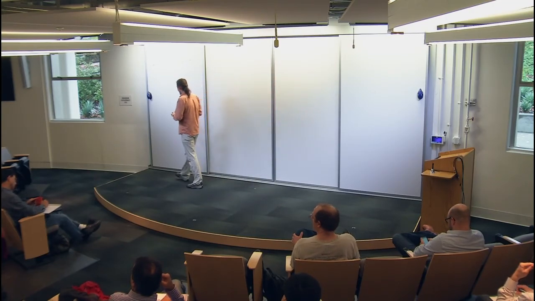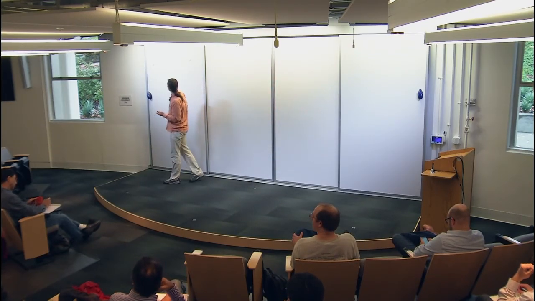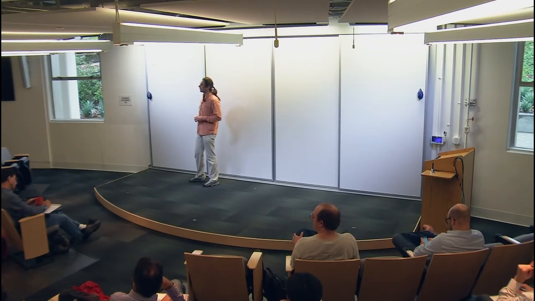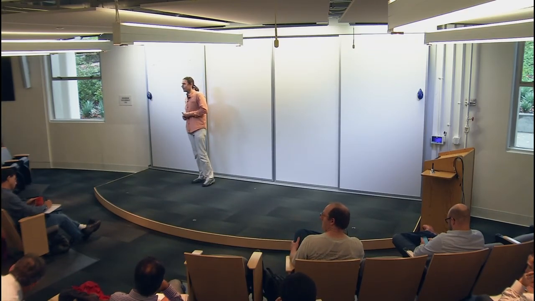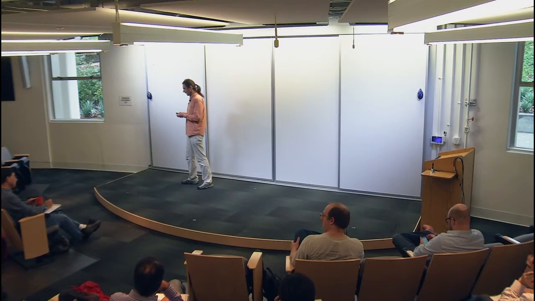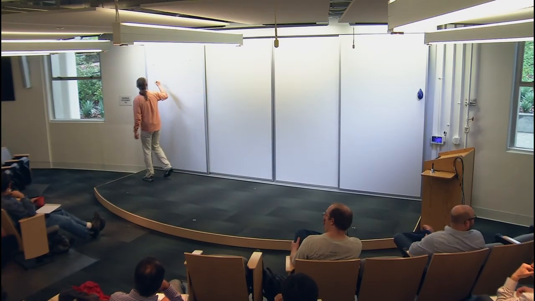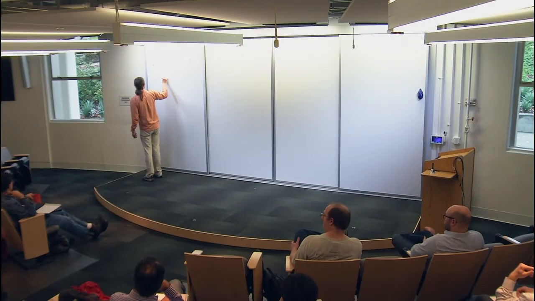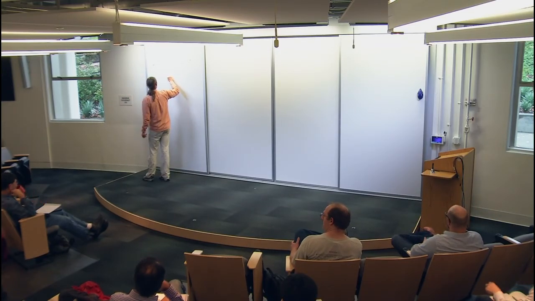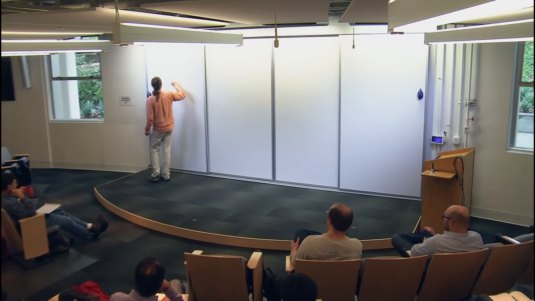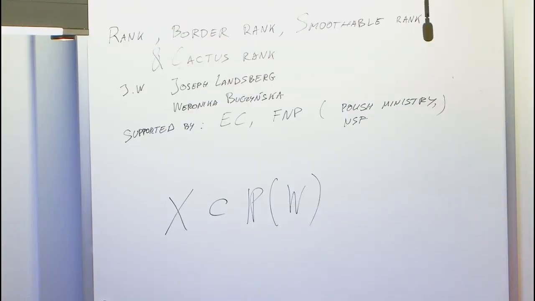And I would start with defining the four notions that I have over there, and then I will explain the notions that I'm using in the definitions. So first of all, I will work with a projective variety in some projective space.